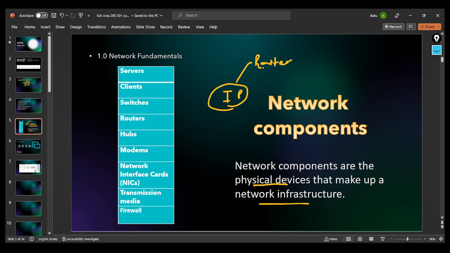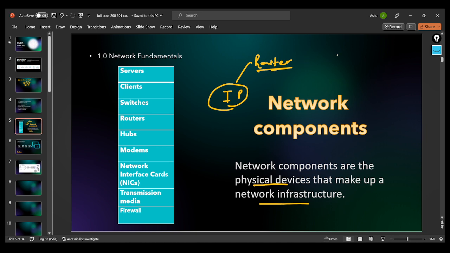Maybe it is your Android, Jio phone, Airtel, there may be anything. Then you are able to connect with me. So you are using a net router.